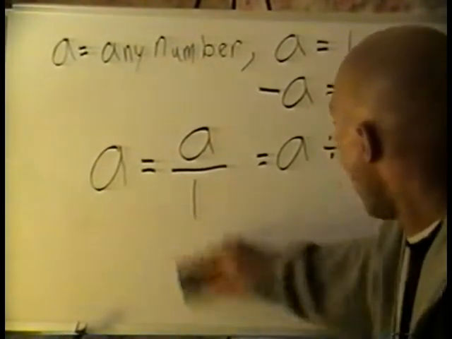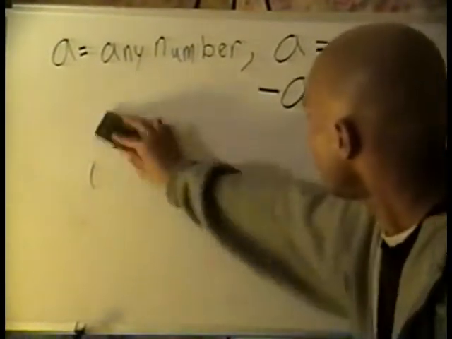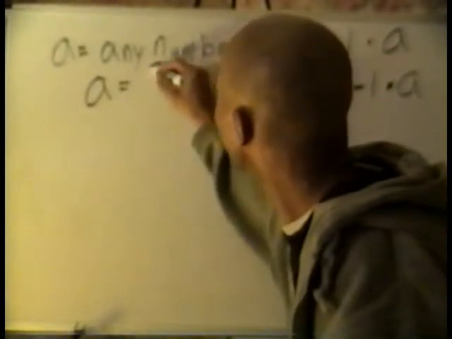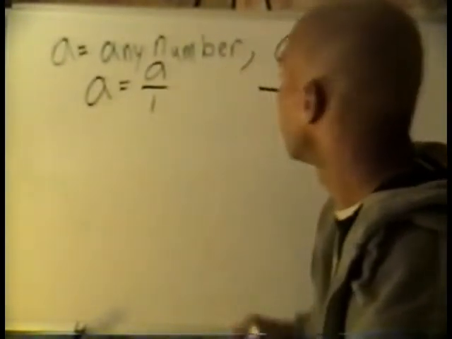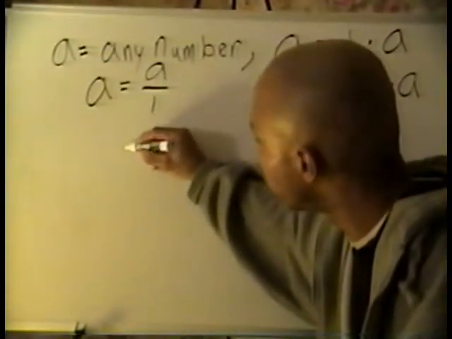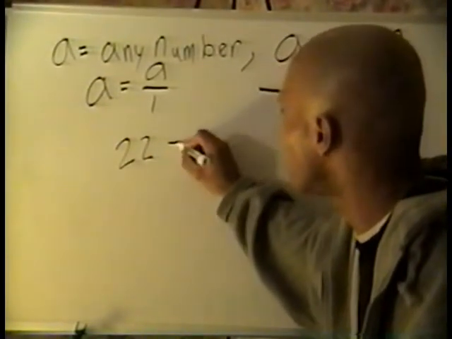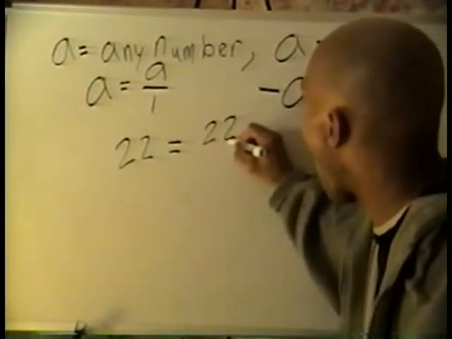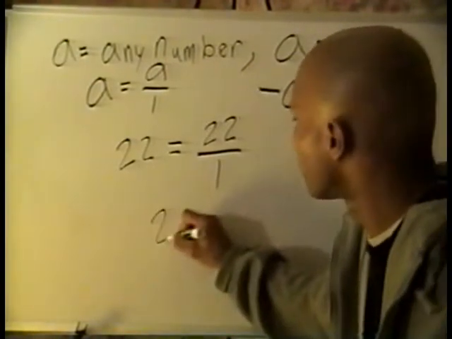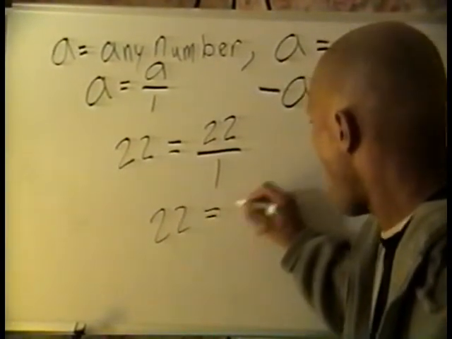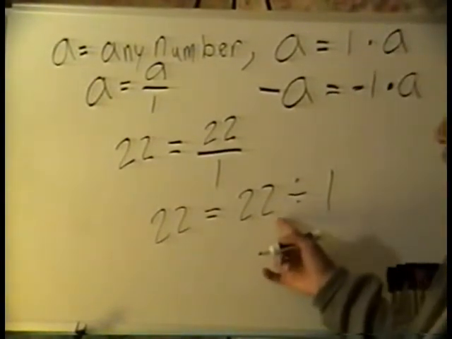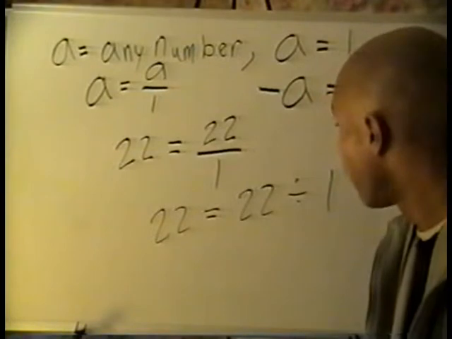And the importance of this is to show you that any number, so we have the number 22, equals 22 over 1. It also means 22 divided by 1, but that's not really useful for you.